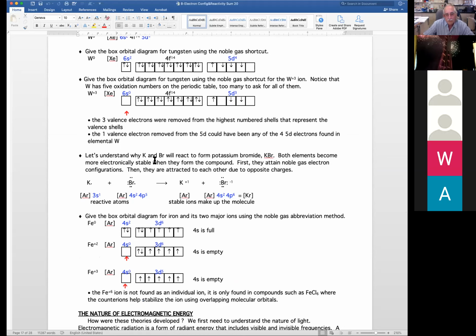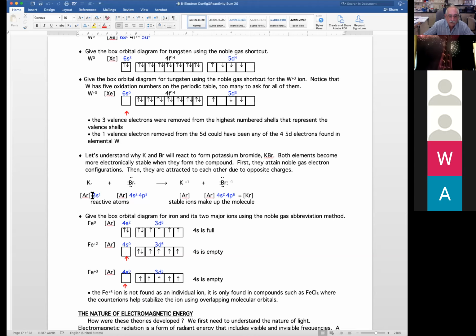Why does potassium and bromine react to form potassium bromide? Here's potassium. And in this case, I started putting Lewis dots over here. So Lewis electron dots are essentially every valence electron gets a dot.